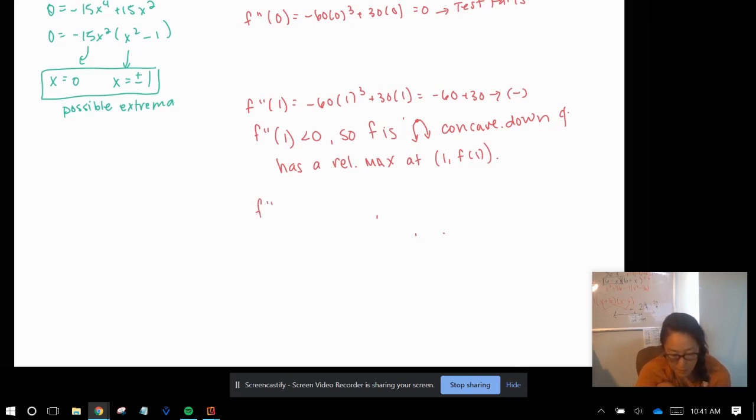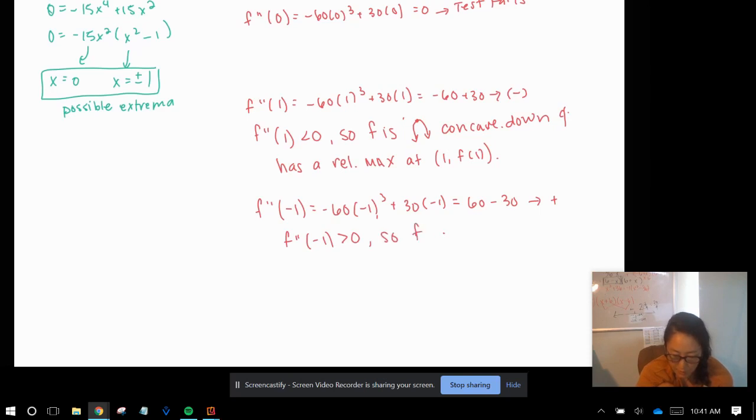Okay, f double prime of negative 1 is equal to negative 60 times negative 1 cubed plus 30 times negative 1, which means that I get a positive 60 minus 30, which is a positive value. So f double prime of negative 1 is greater than 0.